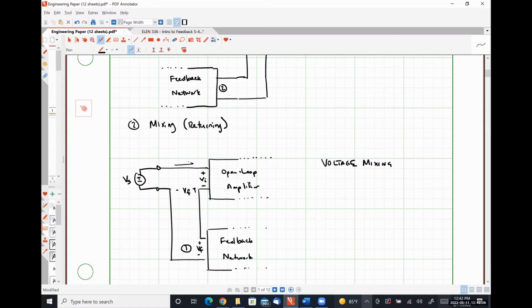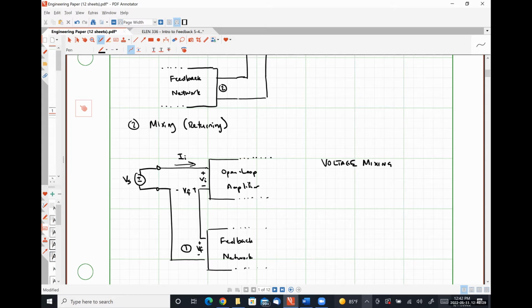The current that's flowing into our open loop amplifier, I'm going to call I sub I. So this is our input current into our open loop amplifier. V sub I represents the input voltage to our open loop amplifier. And then VF is our feedback voltage.